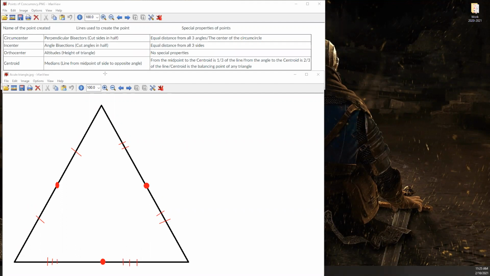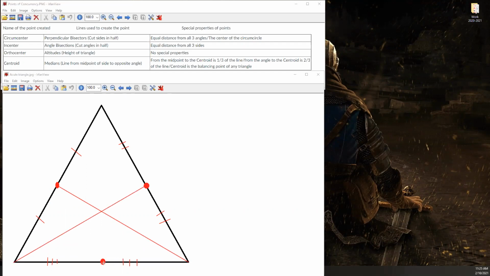So it is a line from a midpoint to an opposite angle. If I start here and I go to draw a line, well, I can't draw a line to this angle because that's a side, right? I can't draw a line to this angle, that's a side. So I have to draw a line to the only angle that I can basically reach. I'm going to do that for each one.